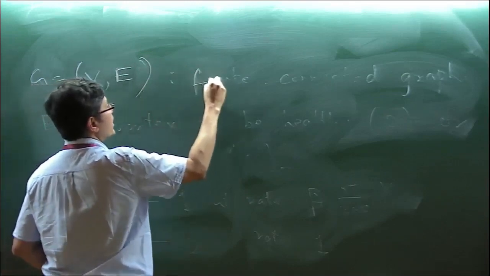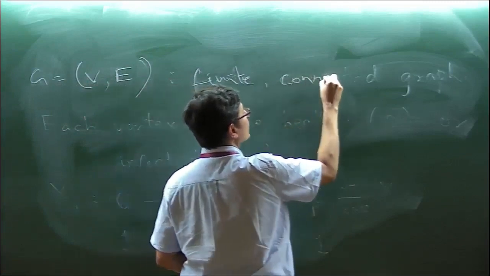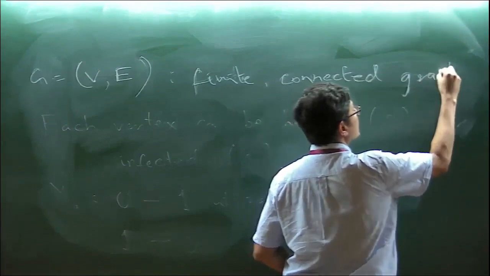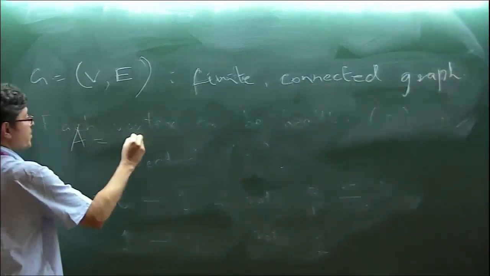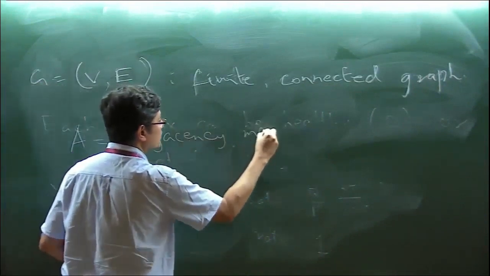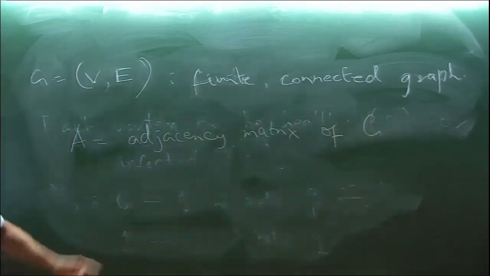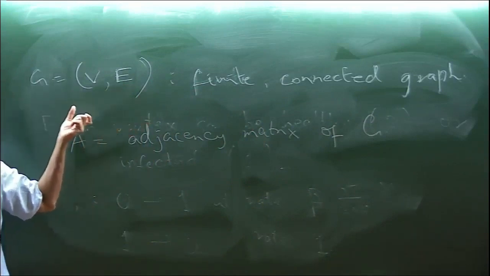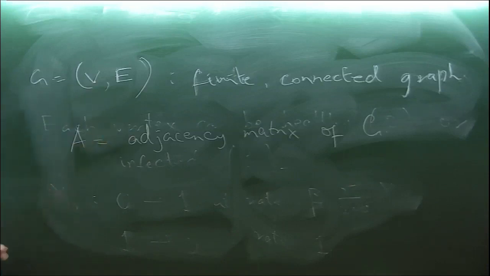G is our finite connected graph, and A is going to be the adjacency matrix of G. So there's a 1 in the ijth position if there's an edge between vertex i and vertex j, and 0 otherwise.